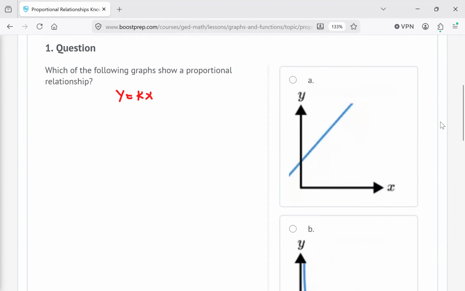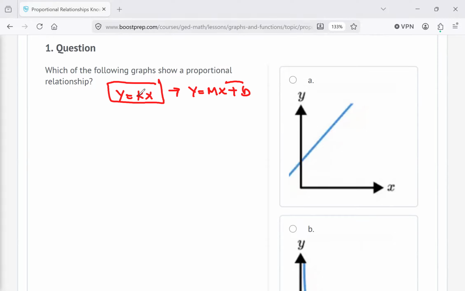Now, we said a proportional relationship is in the form of y equals kx. Look at this equation very carefully. It's very similar to y equals mx plus b. Compare this with this. What is missing? What is similar? They both have a slope, right?